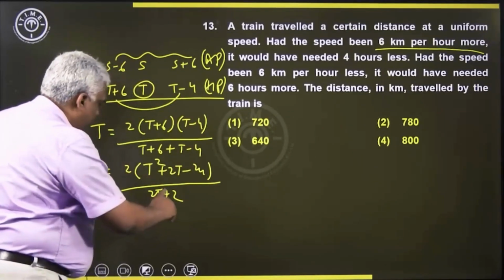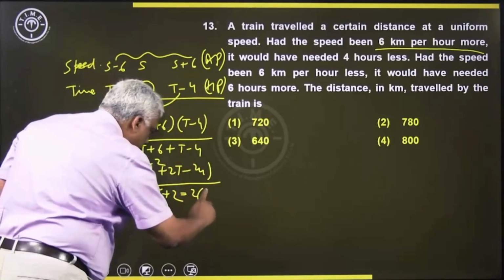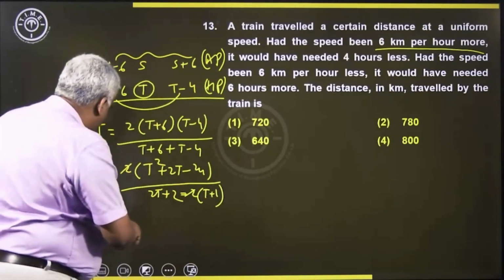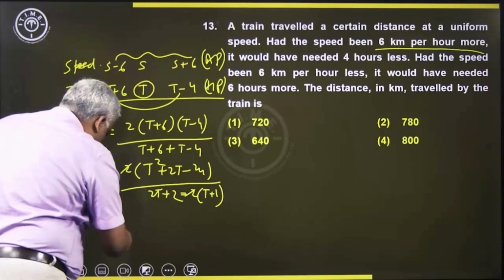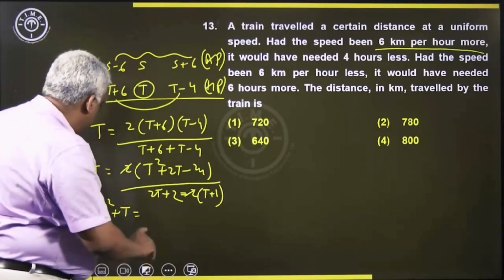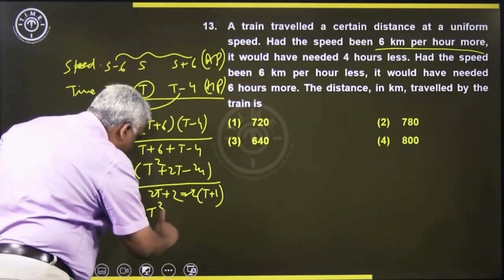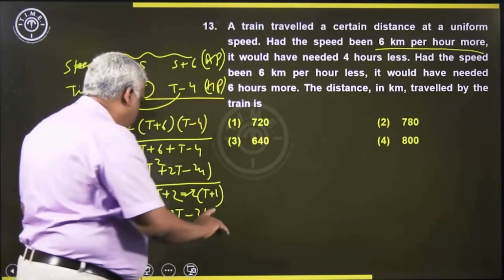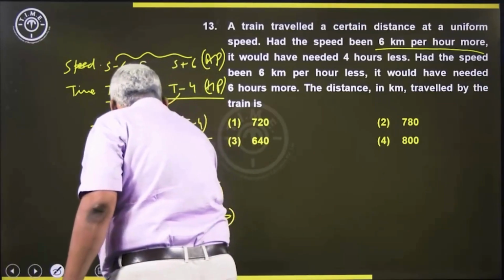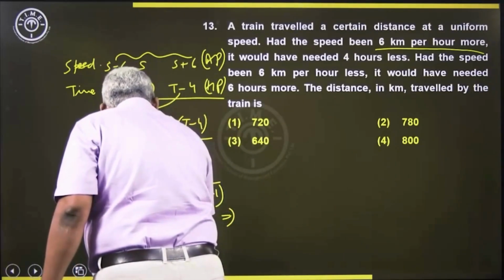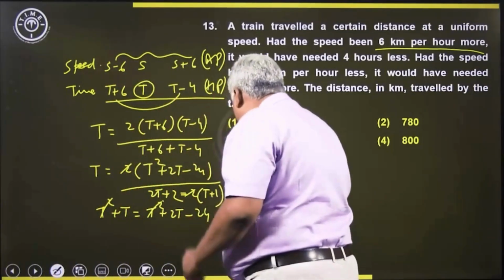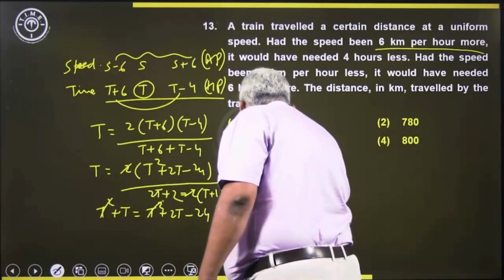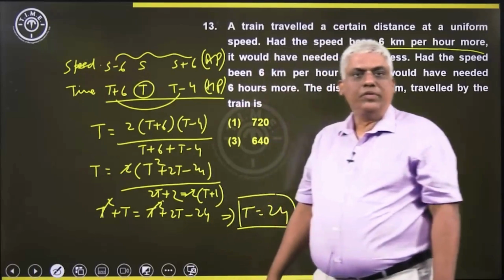I can take 2 common, so it is 2 times t plus 1. 2 cancelled. If you cross multiply, it is t squared plus t equals t squared plus 2t minus 24. Here t squared got cancelled. So t equals 24.